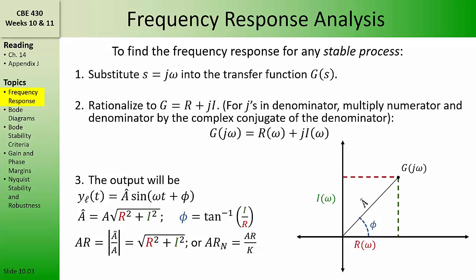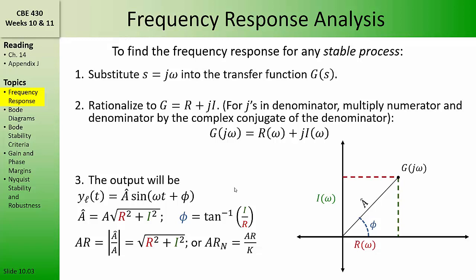We will also define the normalized amplitude ratio as the amplitude ratio divided by the gain of the transfer function G, or AR divided by K. If we plot the imaginary and real parts of G on the complex plane, then the amplitude a hat is the distance from the origin, and the phase angle phi is the angle that that line makes with the real axis.